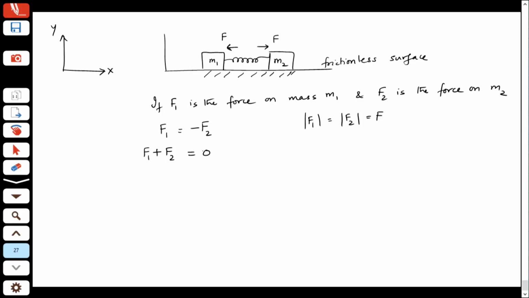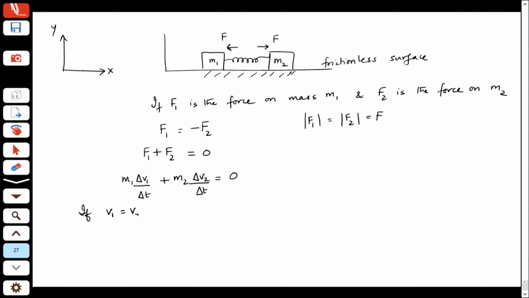This is my Newton's third law. If I write this in terms of the change in linear momentum of these two bodies, I can write it as m1 delta v1 by delta t plus m2 delta v2 by delta t equal to 0.